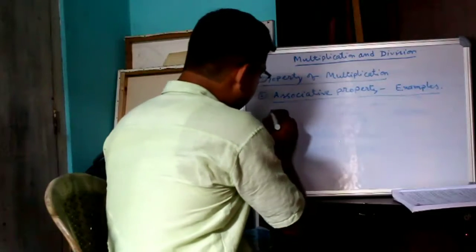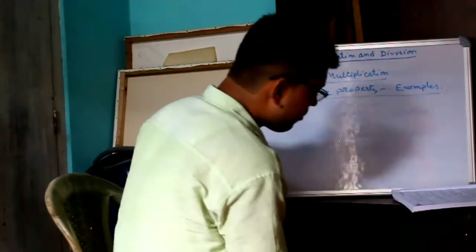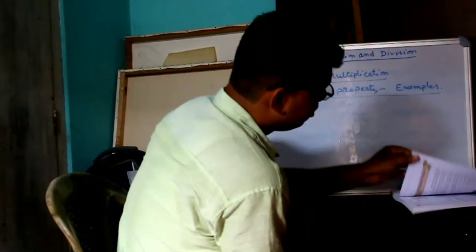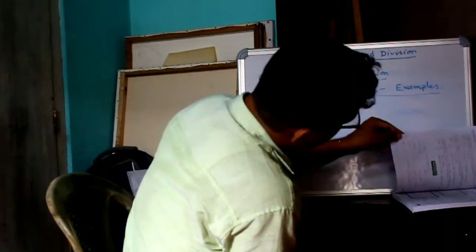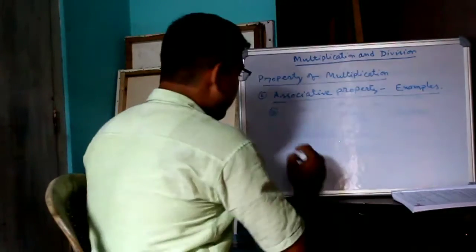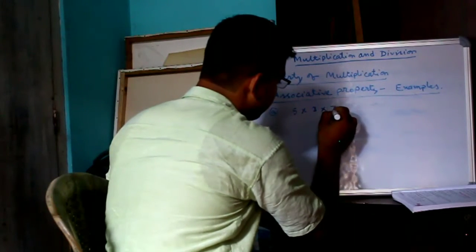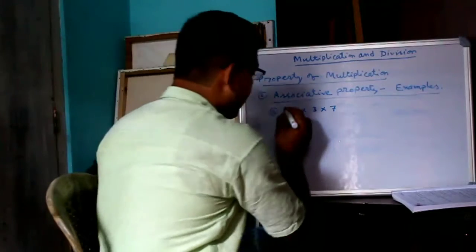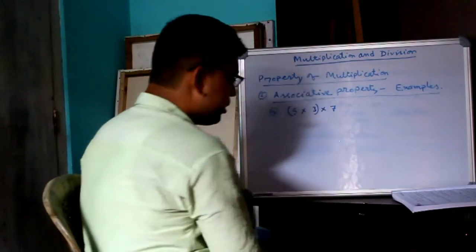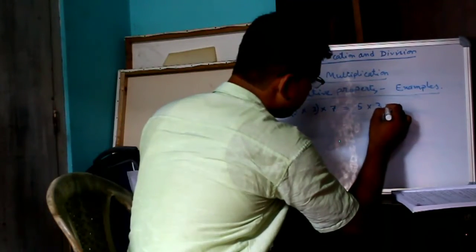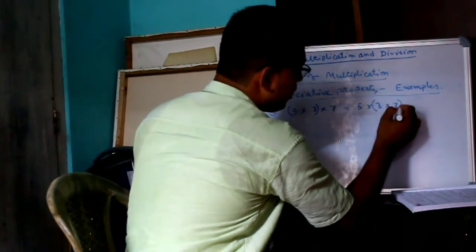So associative property is, okay. If we write 5 into 3 into 7, we can put brackets in between them.